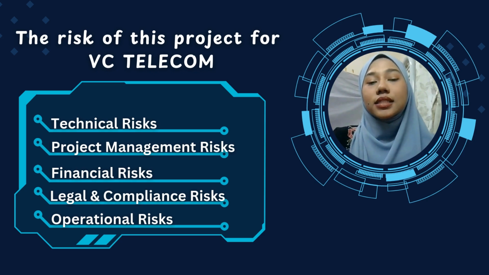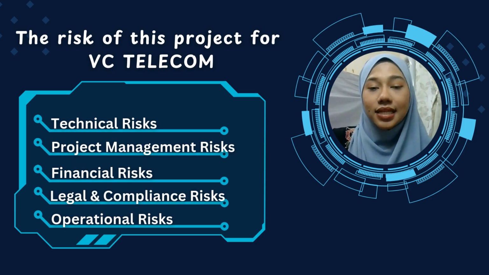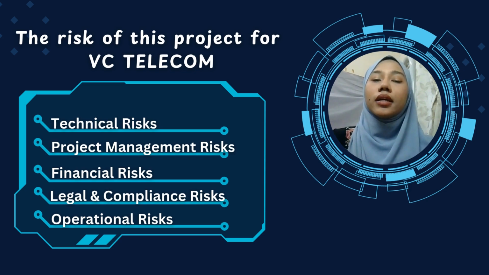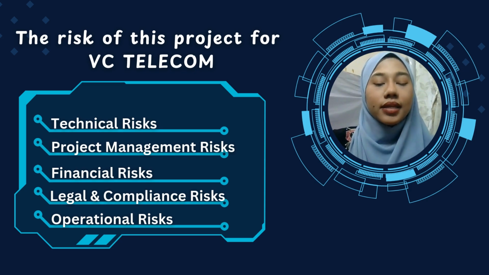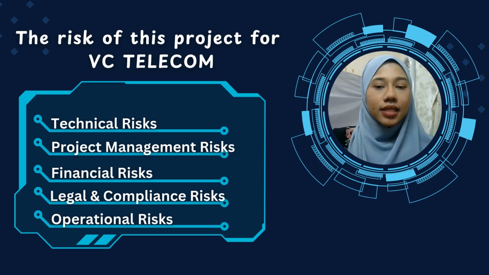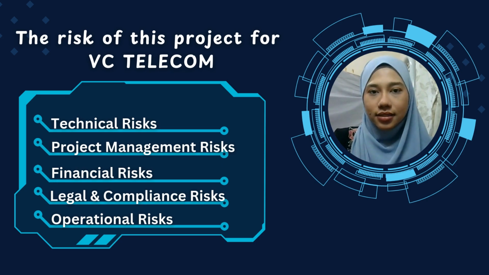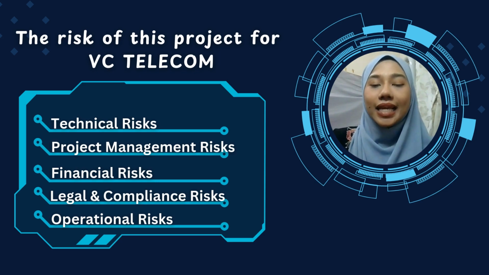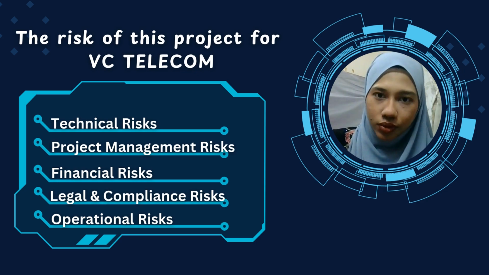Now, let's talk about the financial risks. These are critical to ensure the project sustainability, which is the budget overrun and the unclear ROI. Next is compliance, another key area of concern. The system will store sensitive infrastructure data, so legal risks must be addressed, such as data privacy regulations and intellectual property issues.